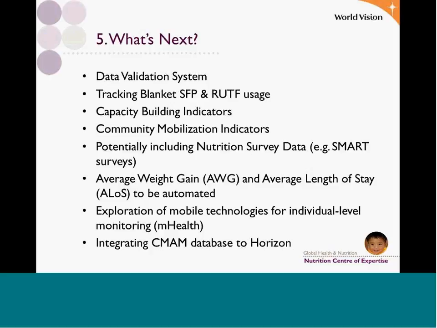One of the top priority things is including a data validation system. So now there is no data validation system. As soon as data is entered online, it's uploaded online for everyone to see who has access to that country's data. And so we have some challenges where, say, someone meant to write 300, but they accidentally added a 0 and it became 3,000.